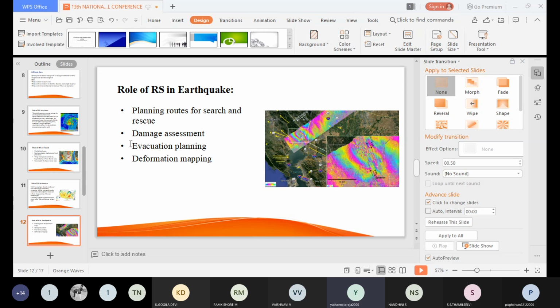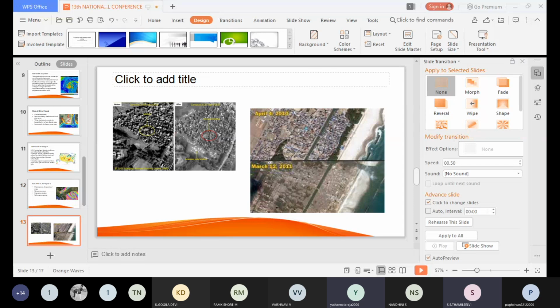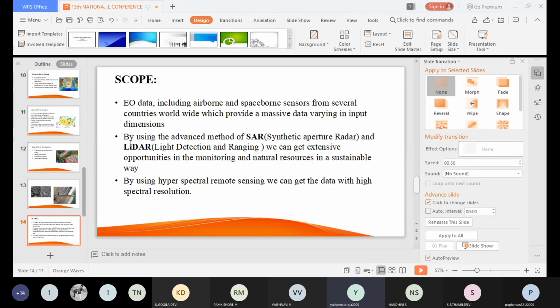These are the things covered by the role of remote sensing. Then the images before the disaster and after the disaster are covered by remote sensing and GIS. The information is collected by the GIS, and using remote sensing we can predict the exact locations and what we have to do next. These are the things that have been done.